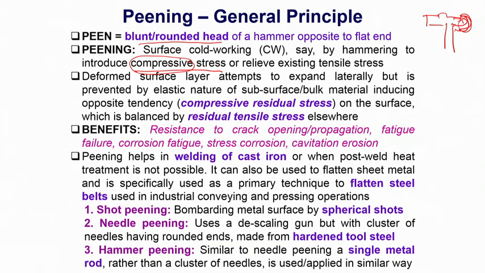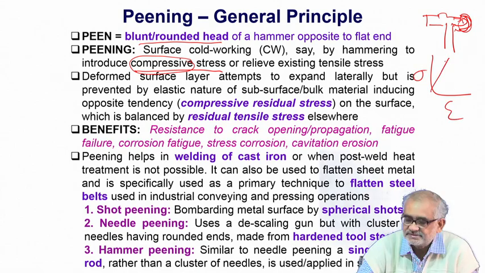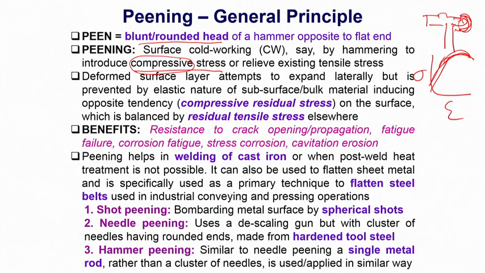So, when we actually try to deform, if you look at the typical stress strain diagram, there will be initially an elastic region, proportional, and then followed by a plastic deformation region. So, we are essentially talking about this region which is beyond the yield stress.